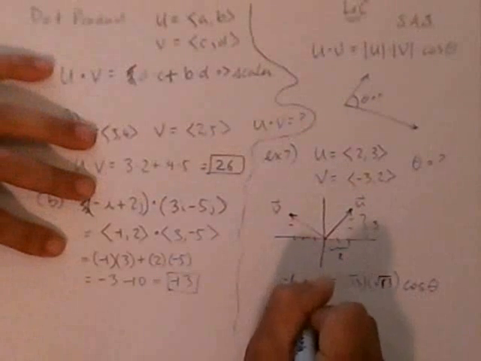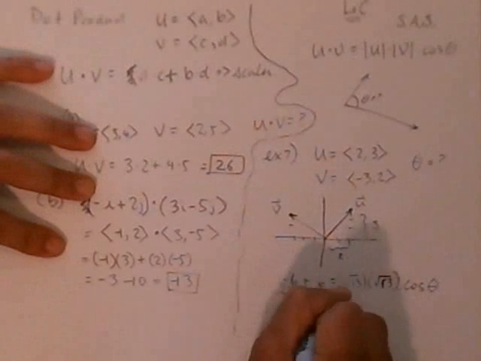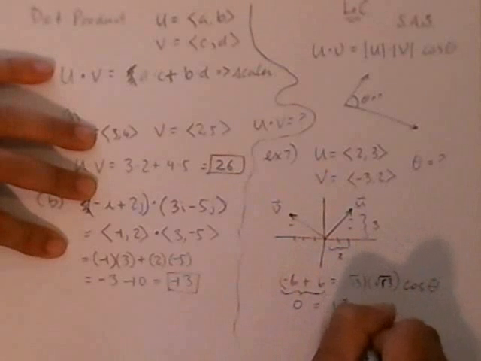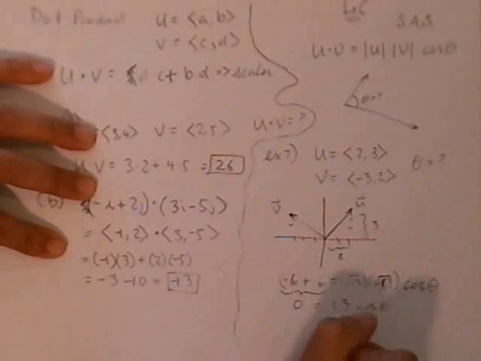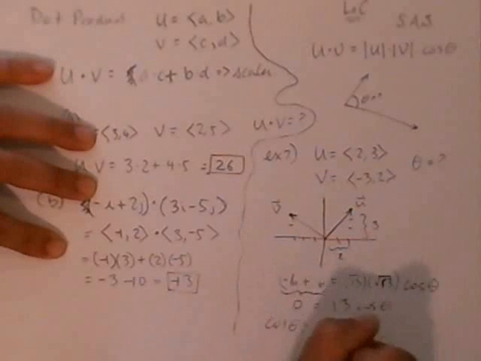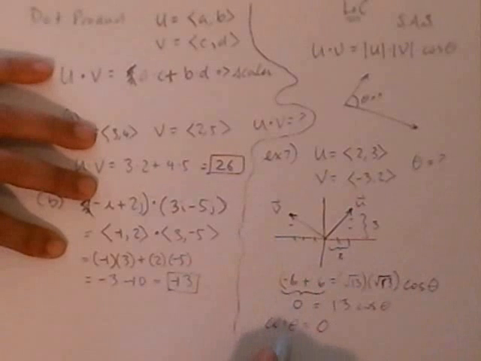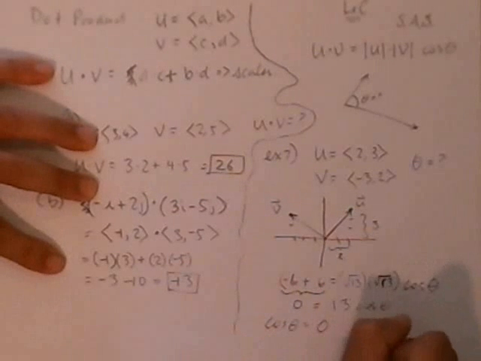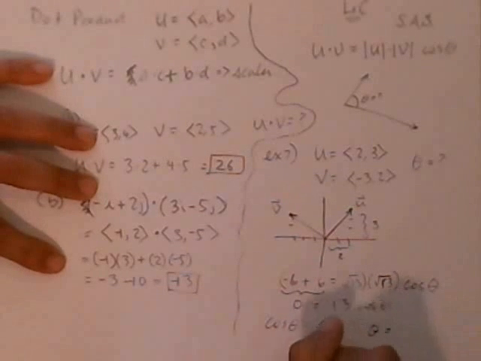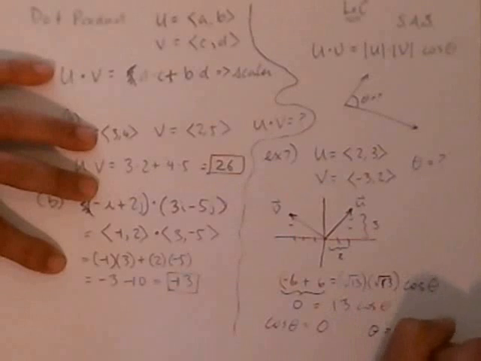You notice that the left side of the equation ends up with 0. Equals 13 times the cosine of the angle, divided by 13. Cosine of the angle is equal to 0 over 13. It's going to be 0. What angle will give you 0? You can figure it out using the unit circle, or you can use your calculator. It should be 90 degrees.